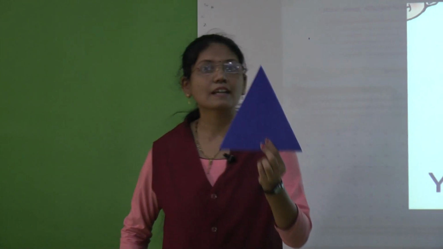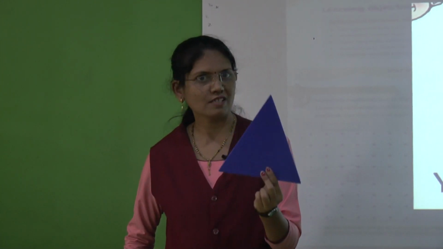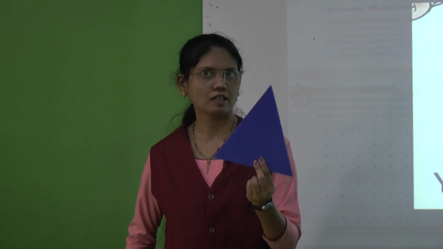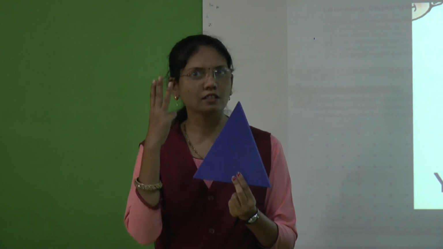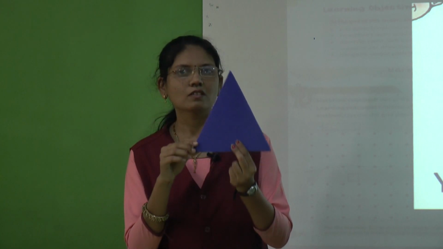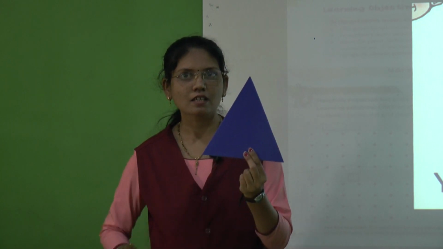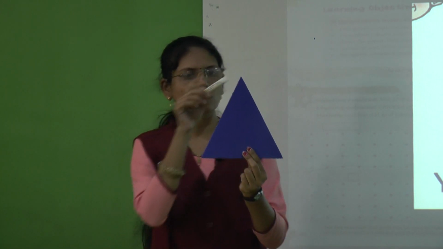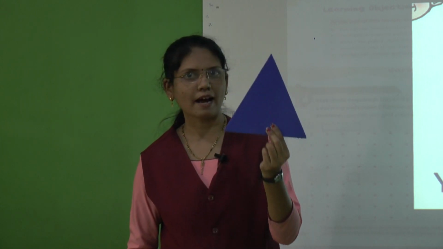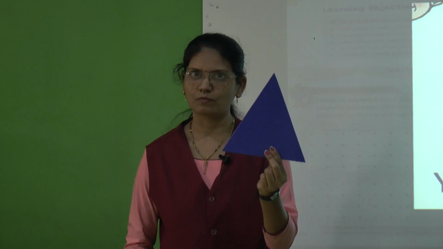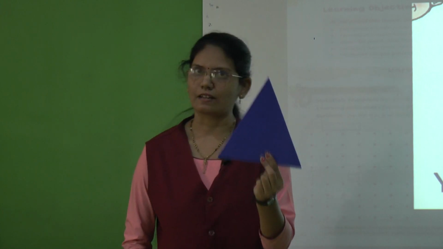See here, this is a triangle. Why is the name triangle? If we see the word triangle, tri means 3. Now this shape, how many sides does it have? Let us count. 1, 2 and 3. This shape has 3 sides. So the name is triangle.